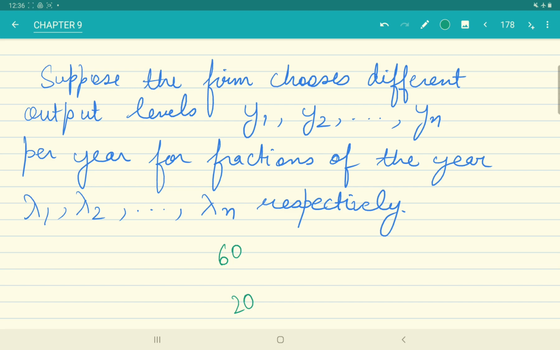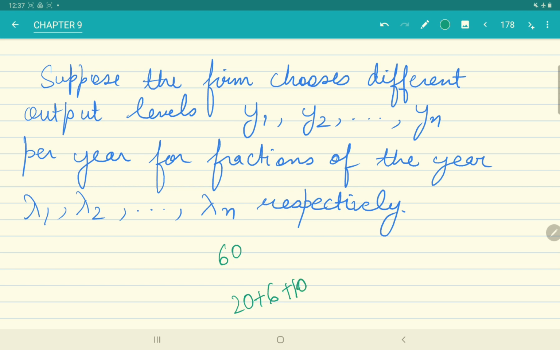But in those 4 months, we are going to then have 6. Plus, for the last 4 months, I choose output 30 per year. That means the last 4 months correspond to the production of 10.